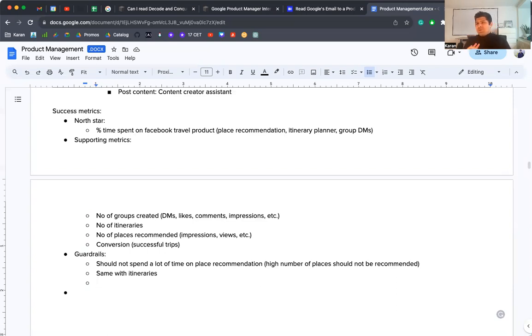We need to think on those lines as well. But because it is already mentioned in supporting metrics, I'd probably put a guardrail there itself and not explicitly mention it in the guardrail metrics.